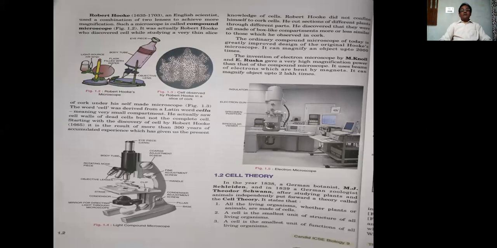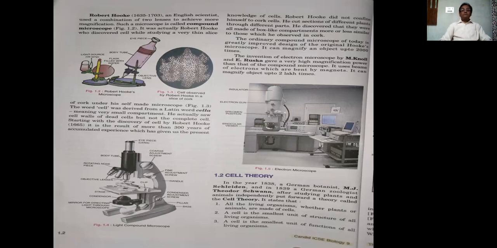A cell is the smallest unit of all living organisms. And cells develop from pre-existing cells after cell division. So, very important findings given by Schleiden, Schwann, and Virchow.